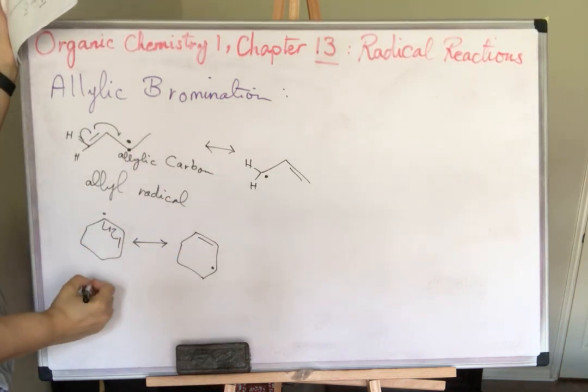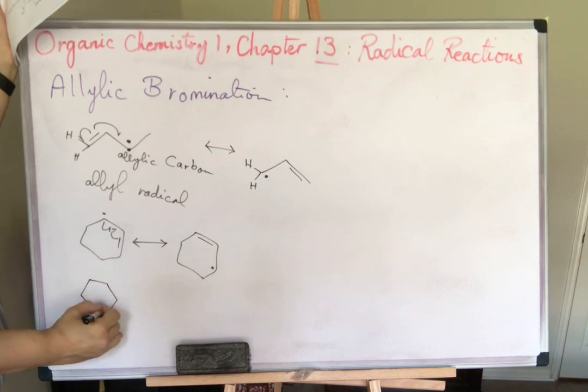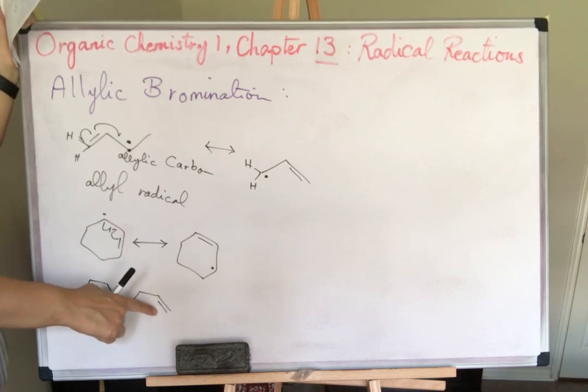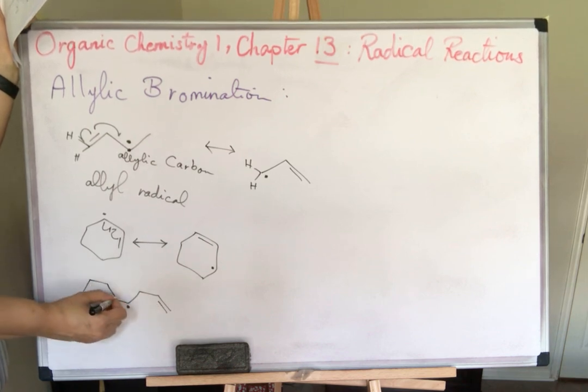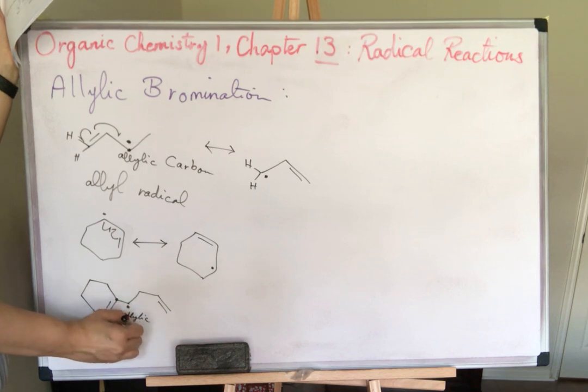If we want to work on another one, this carbon is too far from here. These two carbons, the carbon of the double bond and the radical, this is the allylic position, allylic carbon.